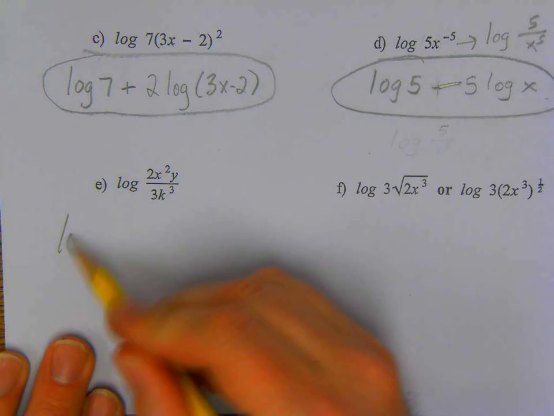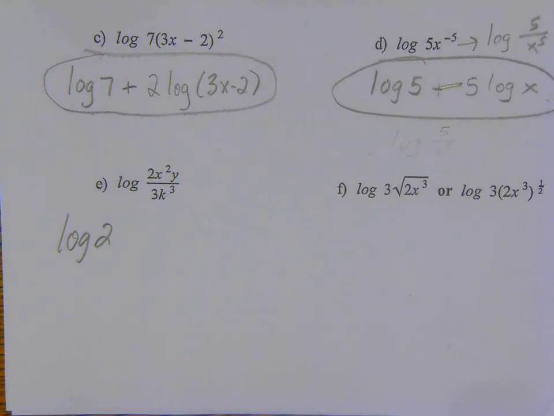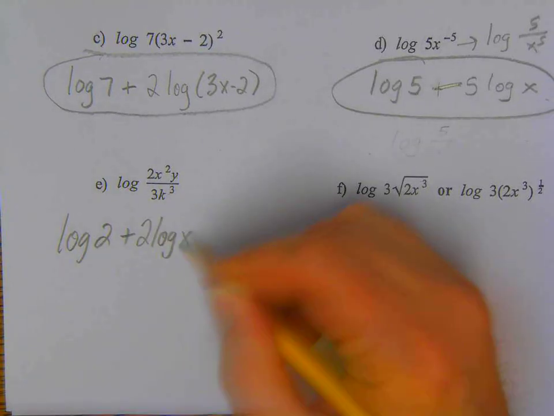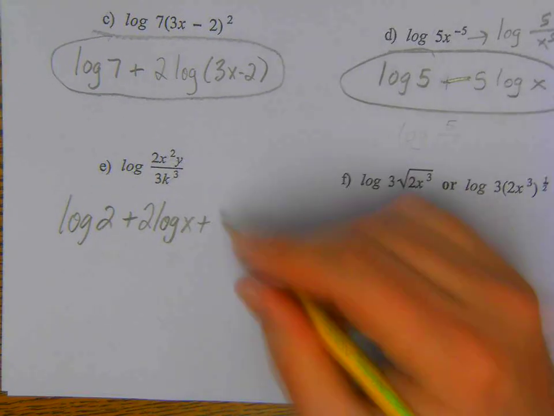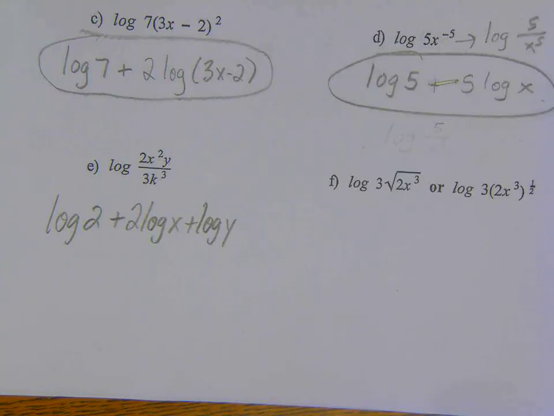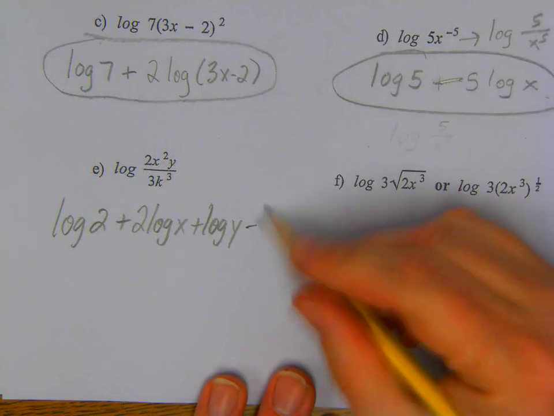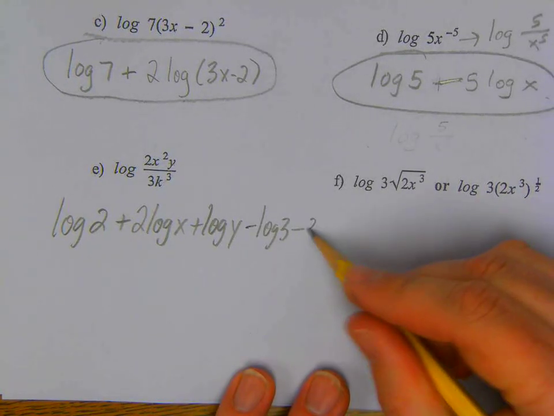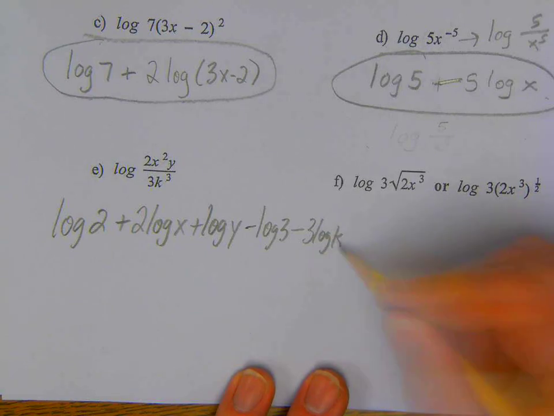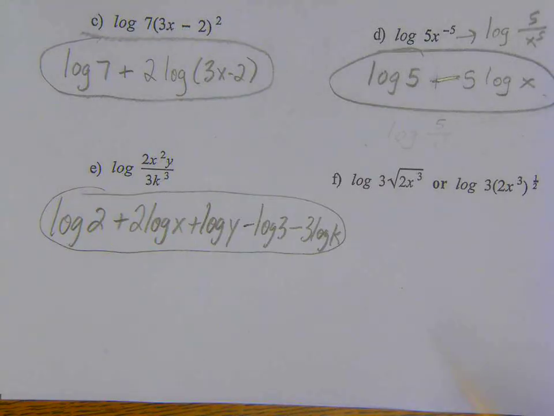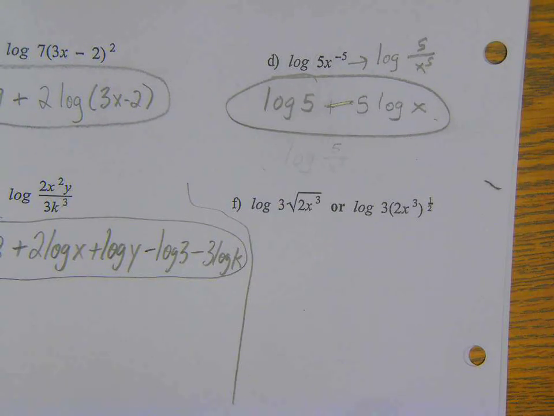We got log 2 plus 2 log x plus log y, but anything on the bottom will get subtracted. So minus log 3 minus 3 log, well, that's a k, but yes. There we go.